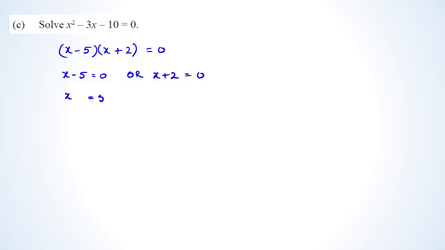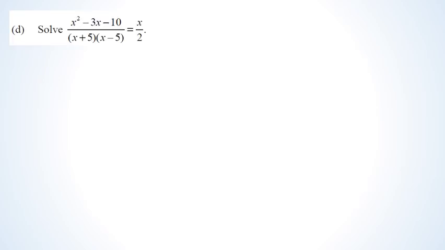In this case, x equals 5, and in the other case, x equals negative 2. This question gets you an achieved. No, actually, I'm wrong, sorry. This gets you a merit. Factorizing it gets you an achieved. Another lucky question in last year's series. Okay, let's go to question D.